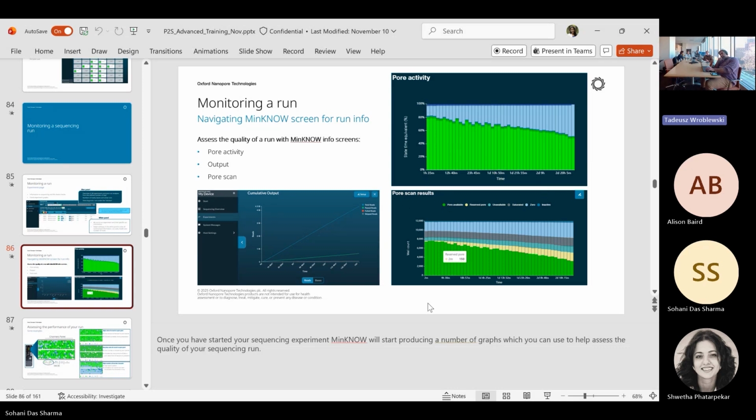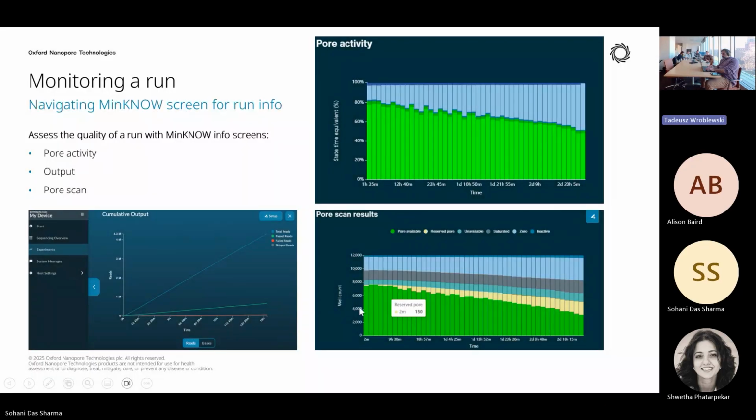So it tells us how many, let's say here, the pore scan result. How many active wells are there at the beginning, how it is declining, and different other metrics like what is the active or available pore versus saturated, unavailable, zero or inactive pores.